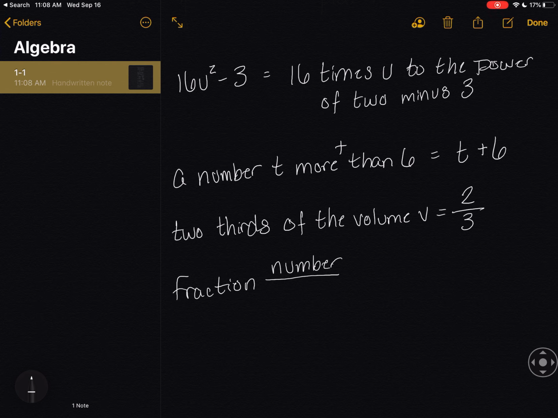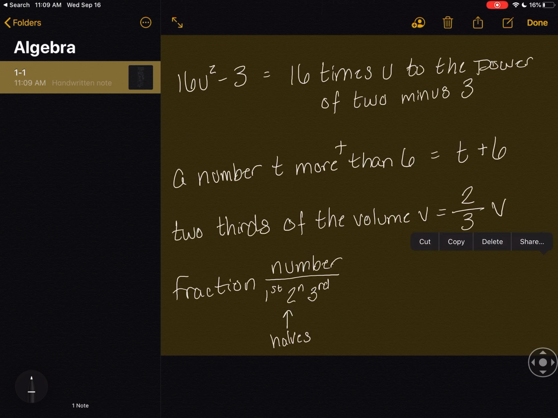So if I was writing it, it'd be like first, second, so like 2 firsts, or I would usually use halves for this one. So it'd be like 5 halves. If I'm going to use 3, I'm going to use thirds. So to the third, fourths, 5 sixths, and so on. Remember, if I'm using that number underneath as 2, it's going to be a half. So volume V is going to be that one.